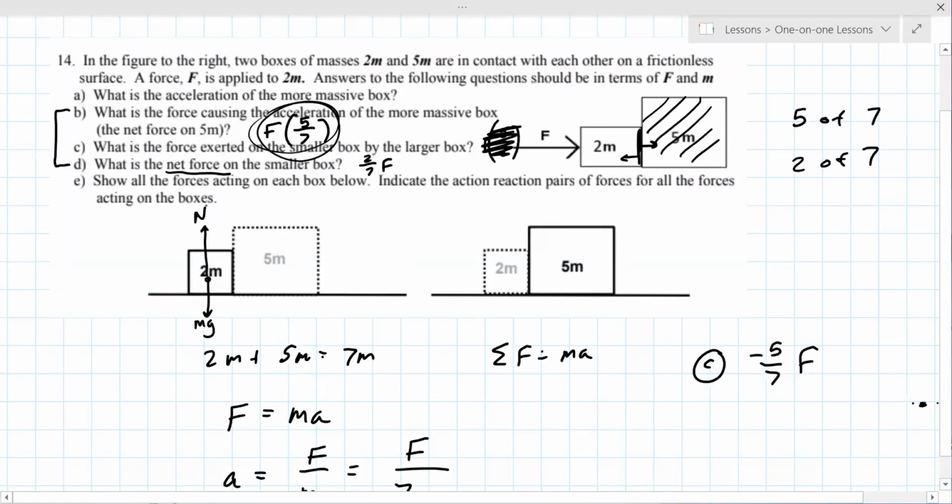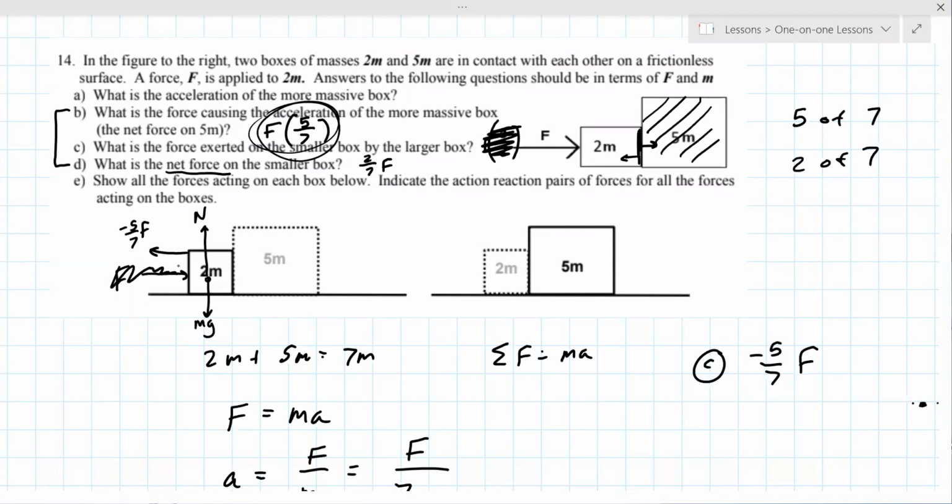Obviously it has the force F acting on it, but we can resolve that into the force acting on it from the 5M box, which is pushing back on it, the -5/7 F. So it's not really this F, it's the result of that. Do we use the 2/7 for this next one for 5M?